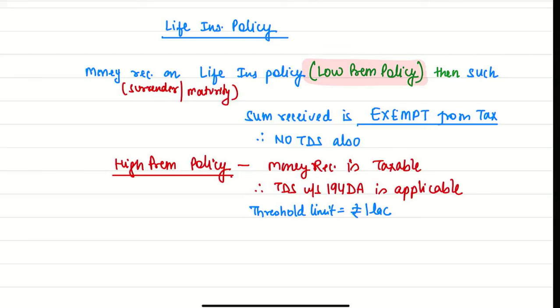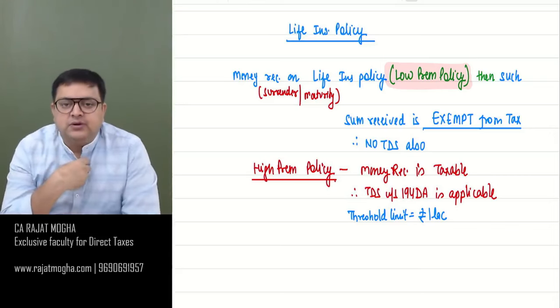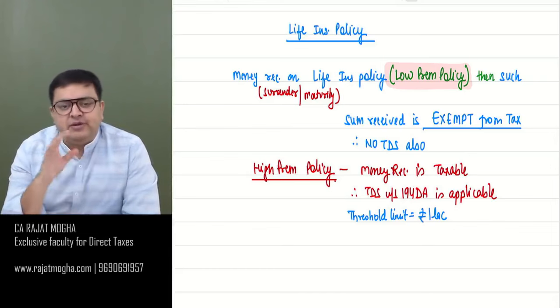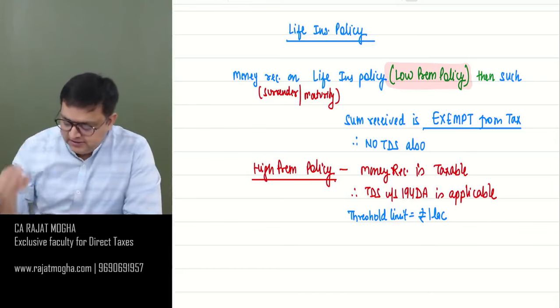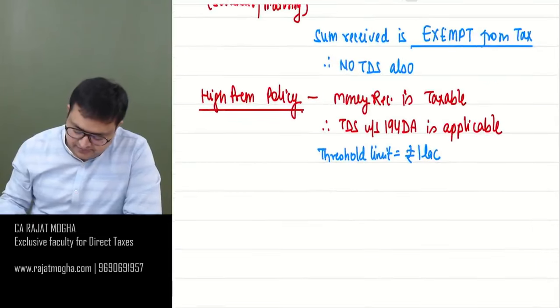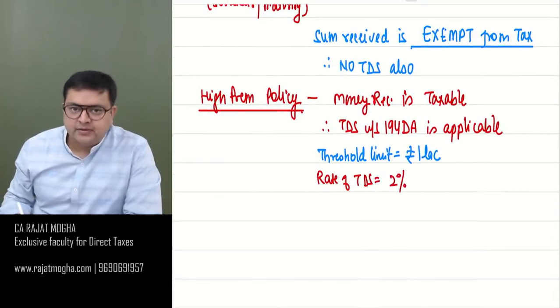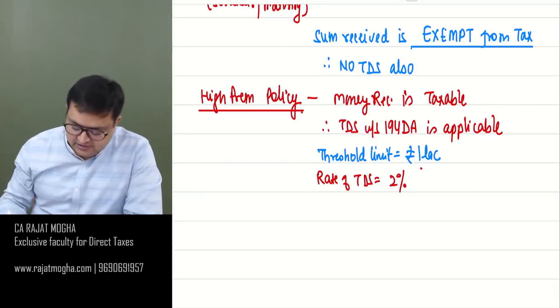Now, this section is quite important. Let's say I am paying you the money on a high premium policy. Guys, the rate of TDS has changed now, to 2%. Earlier it was 5%.